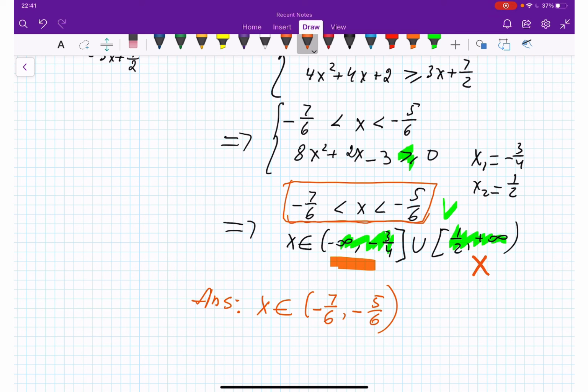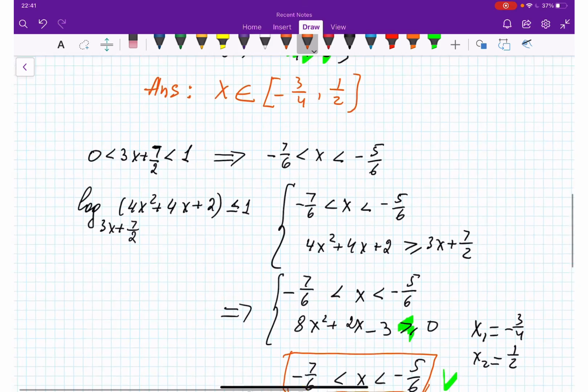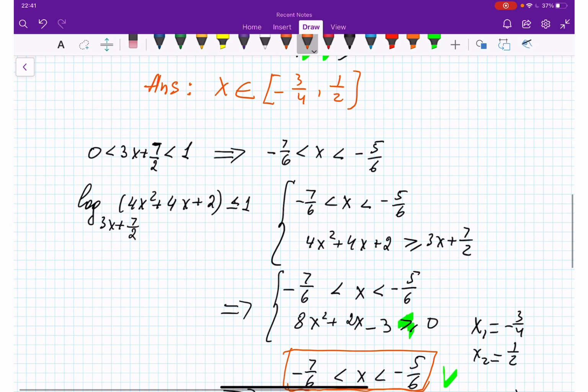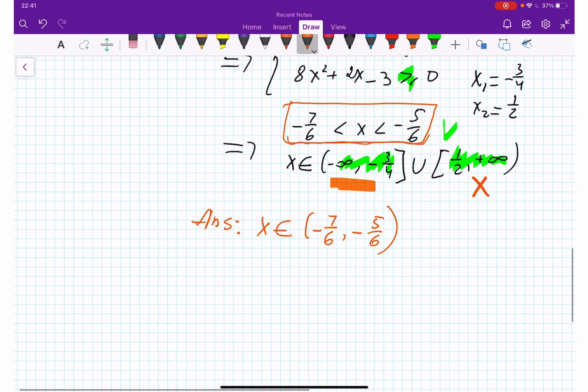Now, if I combine both answers, the first one and the second one, this is what we get. So it's going to be the final answer. Let me write it down. Final answer, because we broke it down into two cases, greater than 0, less than 0, and so forth.